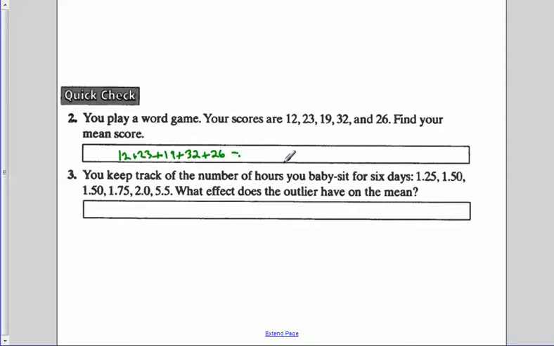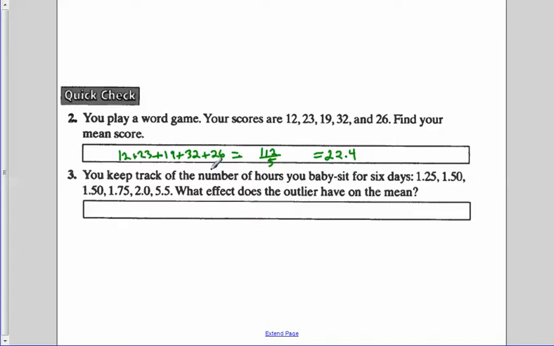When I add all those together, I get 112, and then I divide by the number of items I just added. So there's 1, 2, 3, 4, 5 items. 112 divided by 5 gives me 22.4. So our mean score would be around 22.